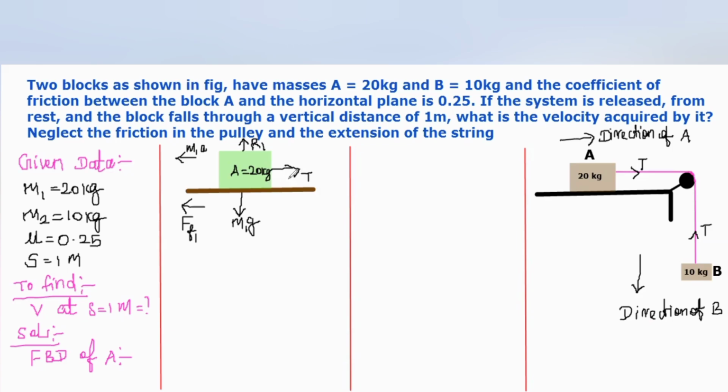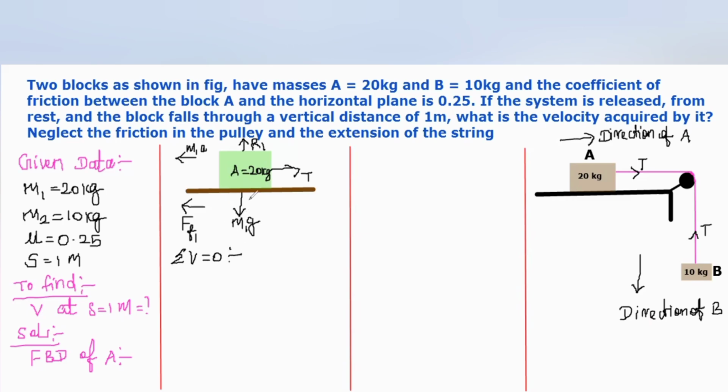So we can use any one of the equations of equilibrium. That means summation of horizontal forces equal to 0, summation of vertical forces equal to 0, summation of moments about any point equal to 0. We can use those. So first, summation of vertical forces equal to 0.